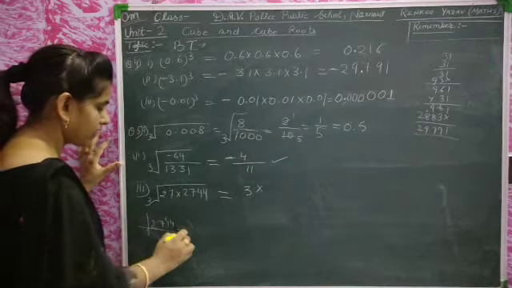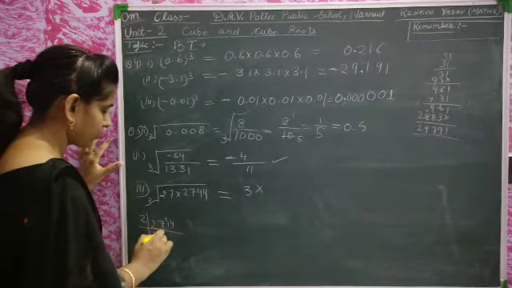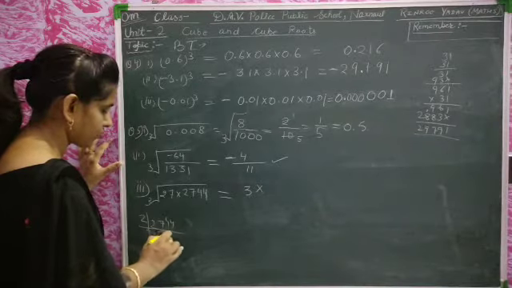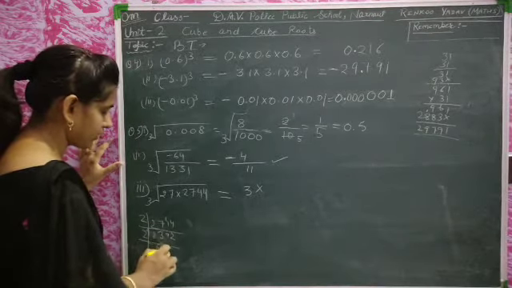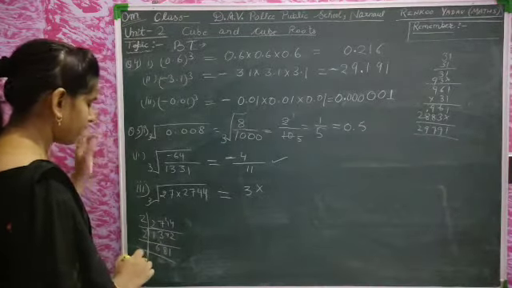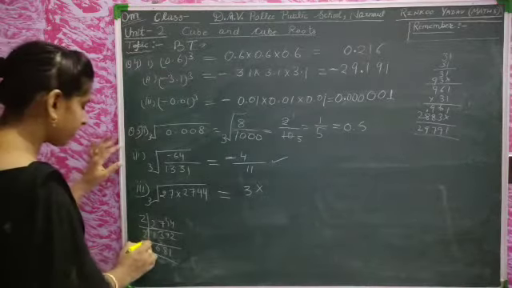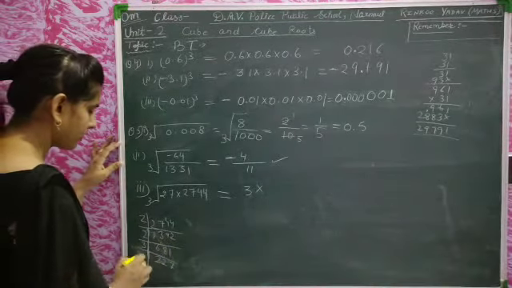2744. We will get the cube root by prime factorization. 2 into 2, 2 3 just 6, 2 7 just 14, 2 2 just 4 here. 2 6 just 12, 2 8 just 16, and 2 1 just 2 here. Divided by 3, 3 2 just 6, 3 2 just 6, 3 7 just 21.